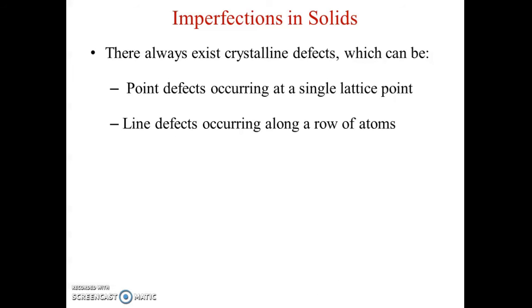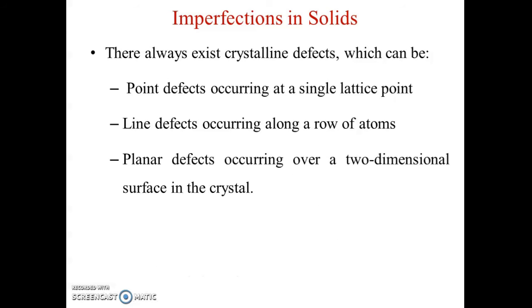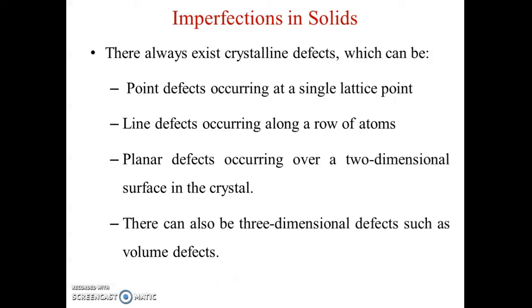The other type of crystal defect is the line defect that extends along a row of atoms. So it is a one-dimensional defect. And then we have planar defects that extend along a two-dimensional surface. So it is a two-dimensional defect. Then three-dimensional defects such as volume defects may also occur.